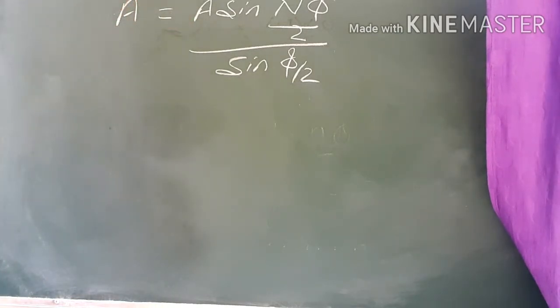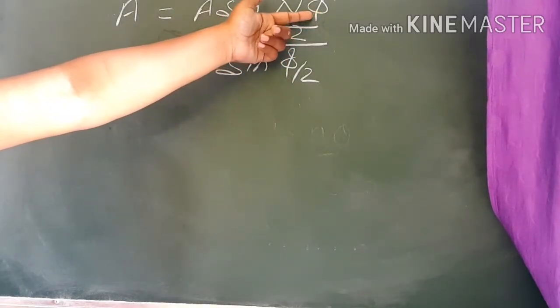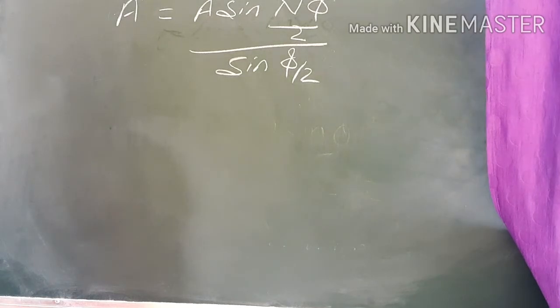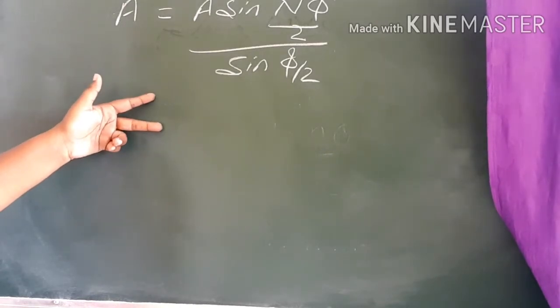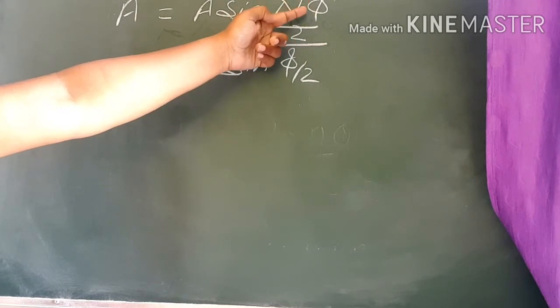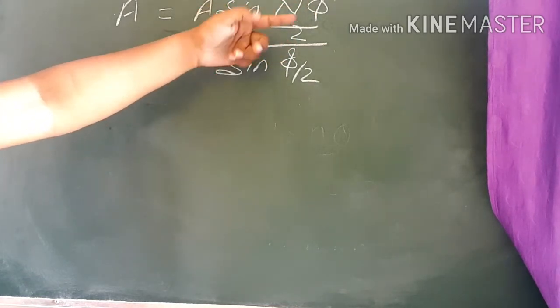In this case, what is phi? This should be the phase difference between two consecutive slits. In the case of single slit, phi was the phase difference between the rays coming from two adjacent elements.